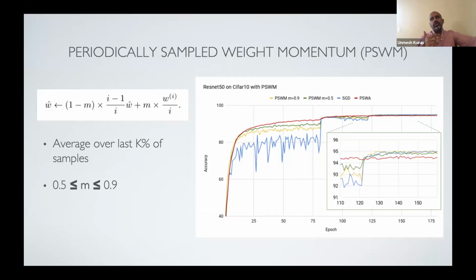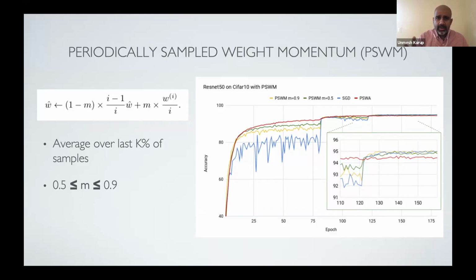And similar to the previous technique, we also developed another technique called periodically sampled weight momentum, where instead of just averaging over the last k% of samples, we're using something similar to momentum, right? We're doing an exponential decay of the weight by keeping some percentage of the current weight and then taking some percent of the average from earlier.